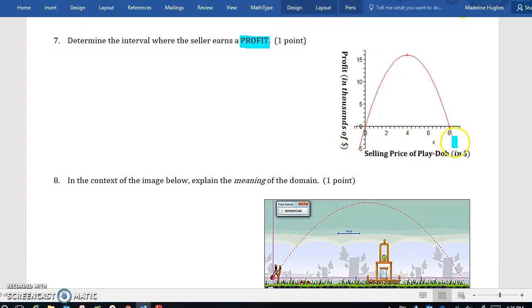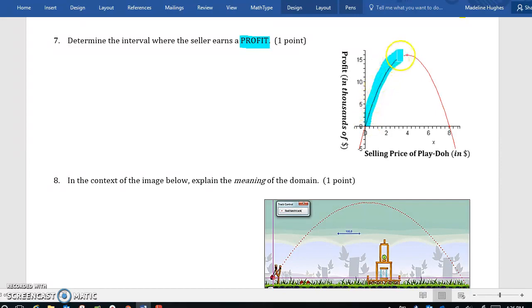From 0 to negative 5, I'm losing money, all the way up to 15, that sounds more like I want to make $15, not lose $5. So anything in here is where I'm going to be making money.